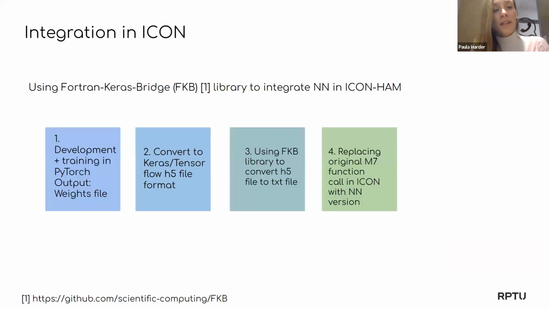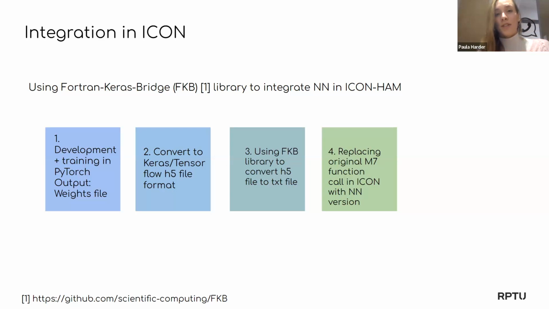So now we did integrate it back into ICON. Actually, if anyone is ever working on that, what I found good to work with is the Fortran-Keras bridge. The way it works is it takes a trained model from a Keras output file, like the weights file, transforms this weight file into a TXT file, and then has simple layers already pre-implemented in Fortran.